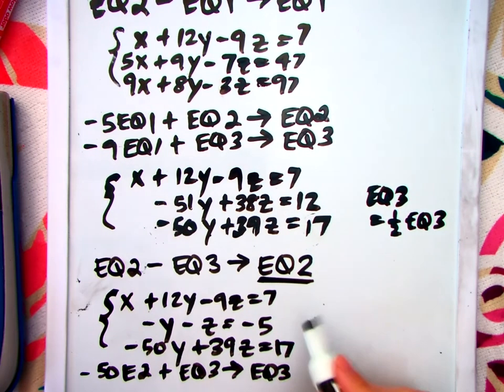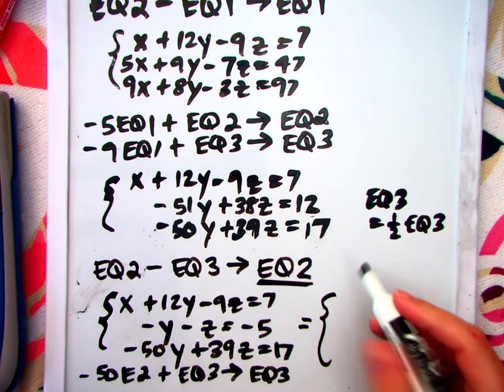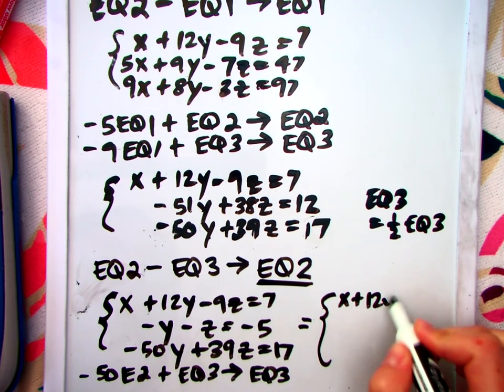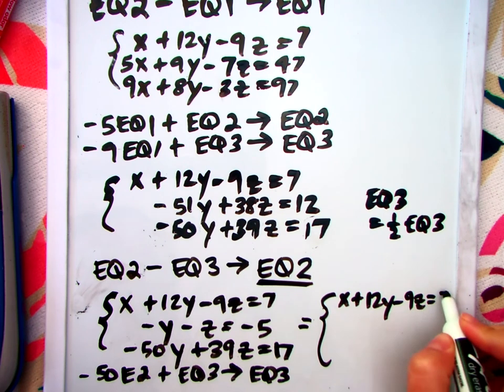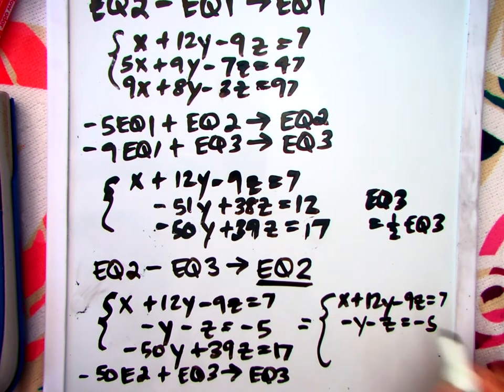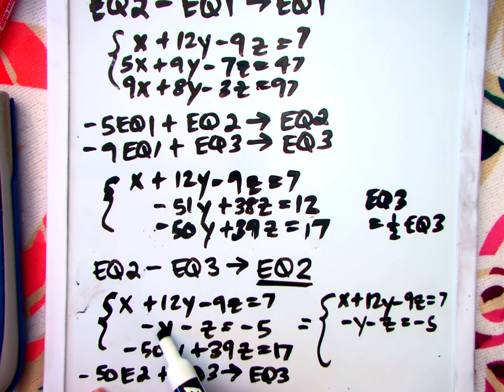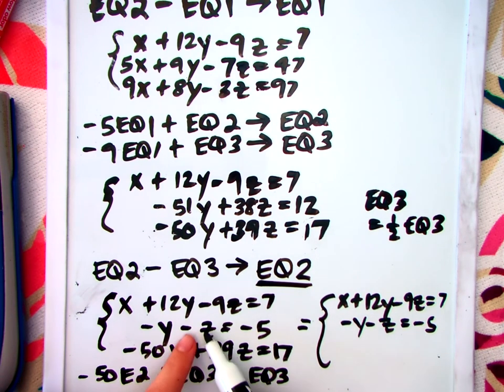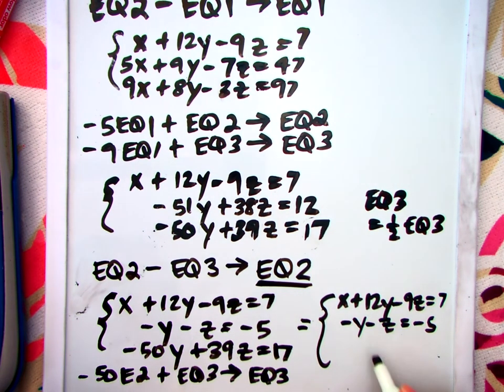I'm running out of room, so I'm going to squeeze it right here. x plus 12y minus 9z equals 7. Negative y minus z equals negative 5. Now negative 50 times negative 1 minus 50, so the y's are gone. I'm going to do the same thing: negative 50 times negative 1 plus 39. That would be 89z equals 267.